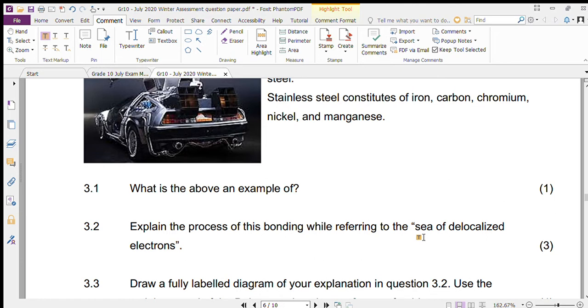Therefore, electrons are delocalized from their parent atoms, and the electrostatic attraction ensures the bonding of metals. I didn't mind how you wrote this. You didn't have to use my words specifically, but as long as it made sense how this delocalization of electrons comes about, you got 3 marks.